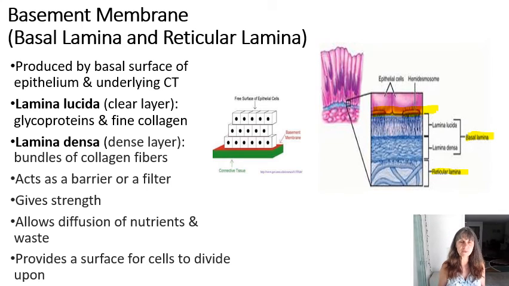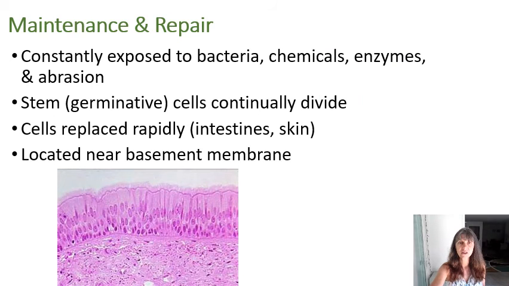So the basement membrane helps to act as a barrier or filter, gives strength, allows diffusion of nutrients and water, and provides a surface for the cells to divide. When we look at epithelial tissue, it is constantly exposed to different things like chemicals, enzymes, bacteria, abrasive forces.